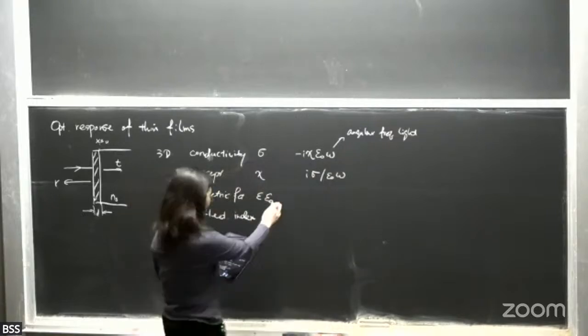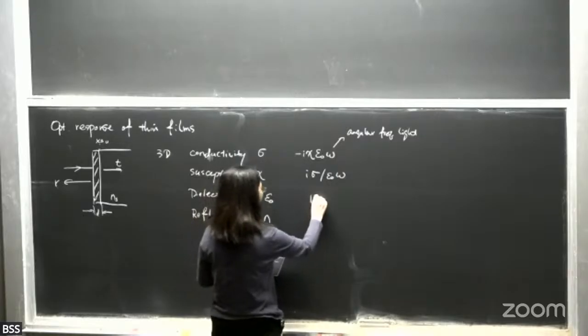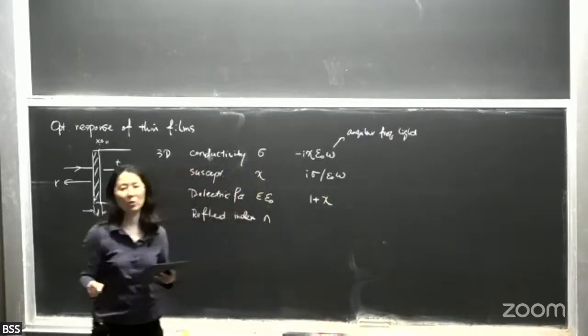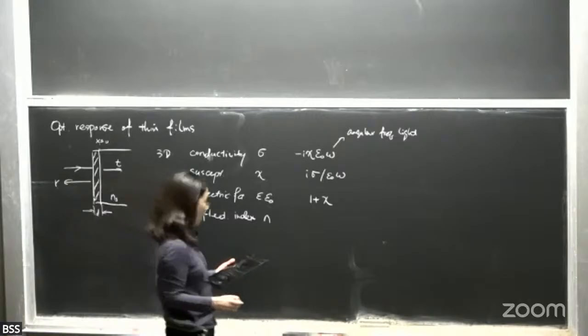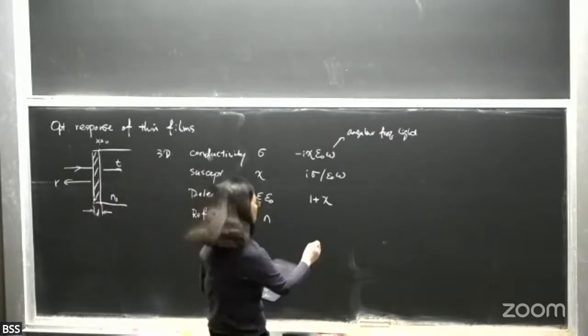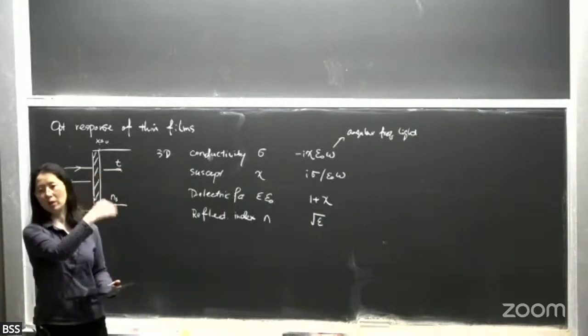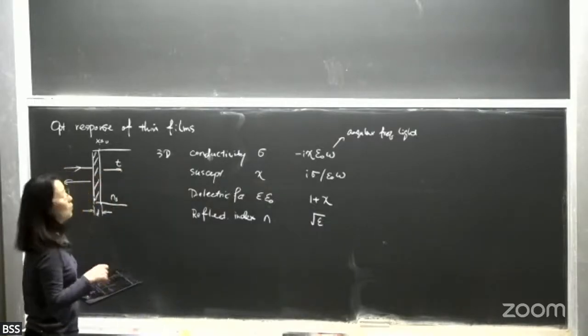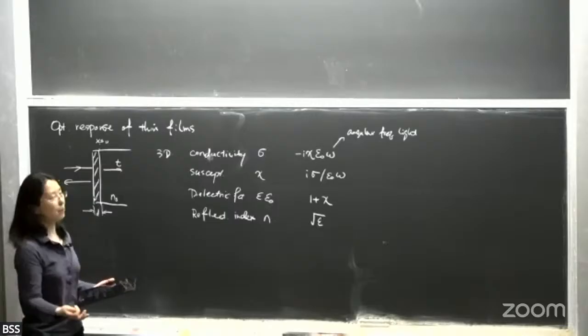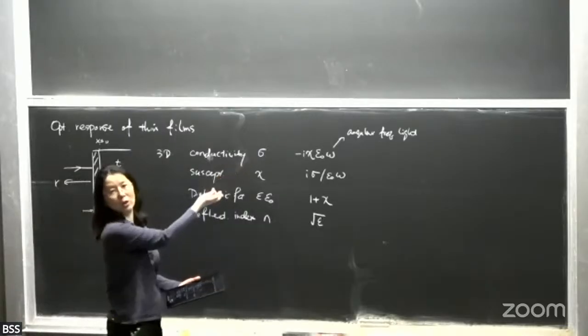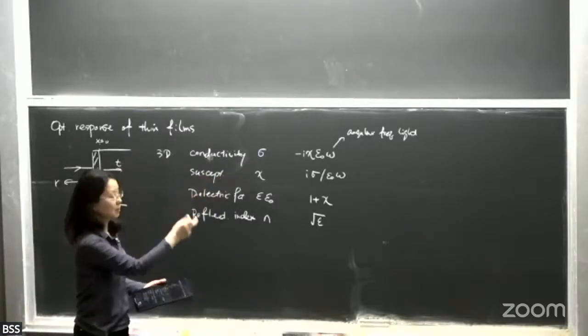The dielectric function is just 1 plus chi, and I'm using SI units. And n is just the square root of epsilon. So pretty much just the same thing, right? We want to get the frequency dependence of one of those quantities from this measurement, okay?